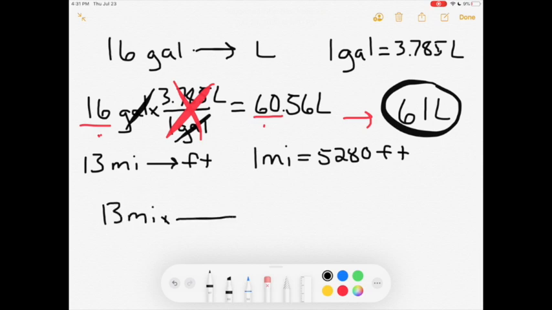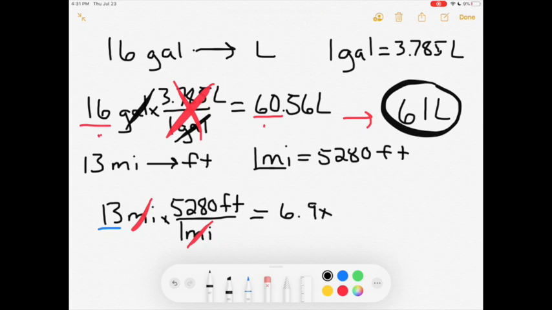We want miles to cancel, so I'm going to put 1 mile on the bottom, and 5,280 feet on the top. Miles cancel. Again, what I start with in sig figs, that's what I want to end with. I have this written out in scientific notation: 6.9 times 10 to the 4th feet. I only want 2 sig figs, and I get that right here.